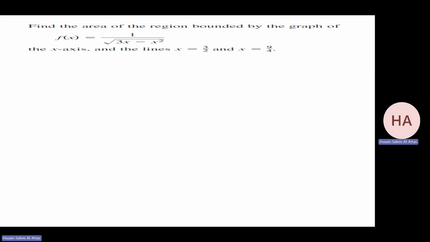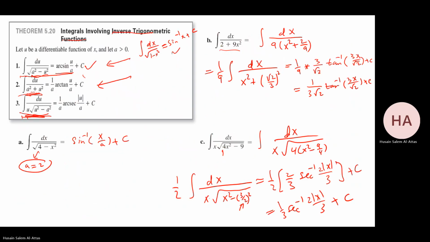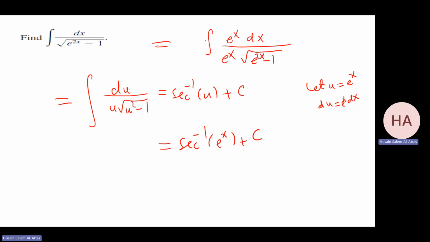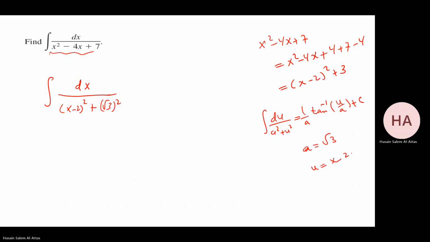If you look at the formula, it will be similar to this formula, where I have du over a squared plus u squared, which is 1 over a tan inverse u over a plus c. So very clear, a is the square root of 3, and u is x minus 2, and du equals dx.